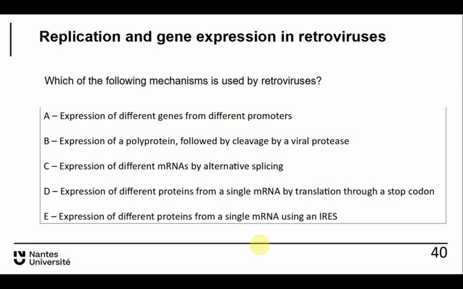retroviruses, they're kind of a mix of what we saw already for DNA viruses and plus-strand RNA viruses, because using alternative splicing, the DNA viruses use this one, polyprotein cleavage by a protease, we saw that in the picornaviruses and in the flaviviruses.